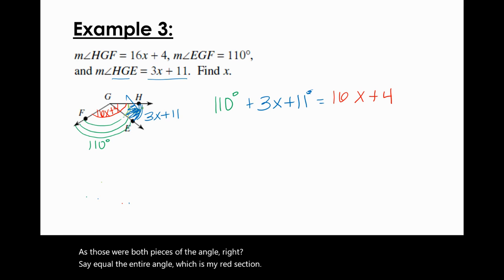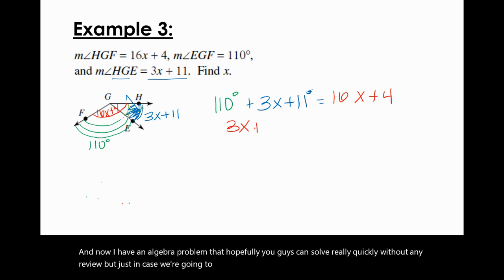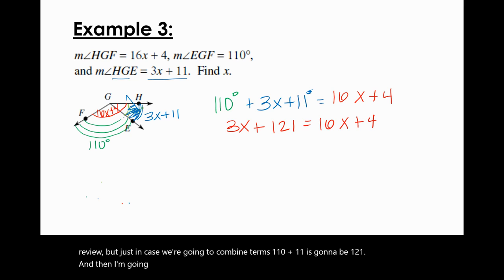And now I have an algebra problem that hopefully you can solve really quickly without any review. But just in case, we're going to combine like terms. 110 plus 11 is going to be 121. And then I like to put my x's together.